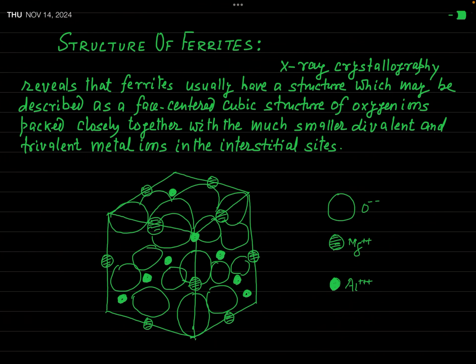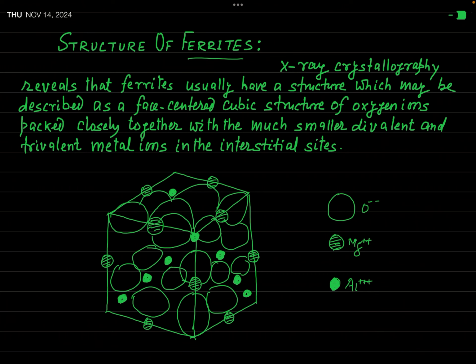Now we will see the structure of ferrites. You know that for the determination of the structure of any crystal, X-ray crystallography is the most suitable and most important experimental technique. So the structure of ferrites has also been found by X-ray crystallography.